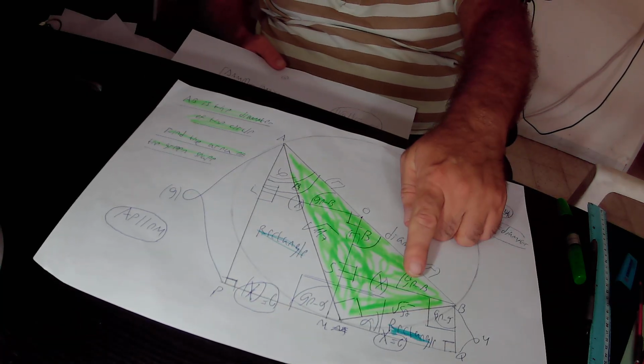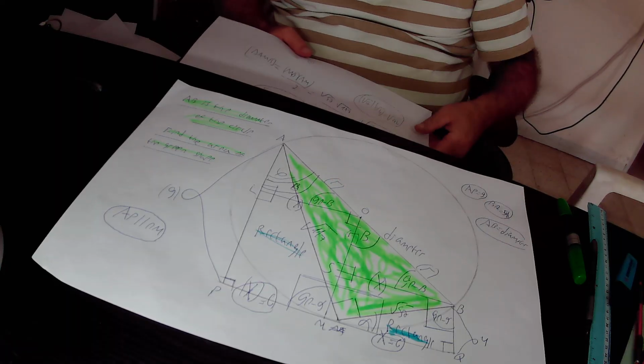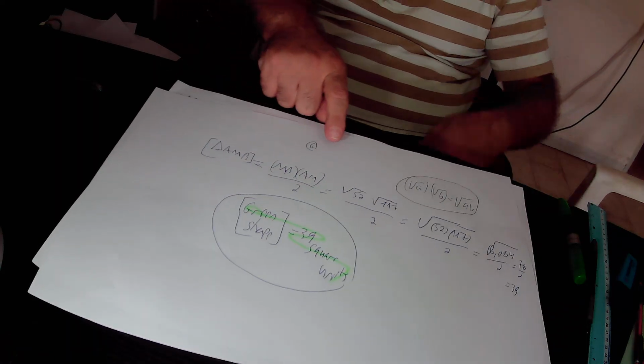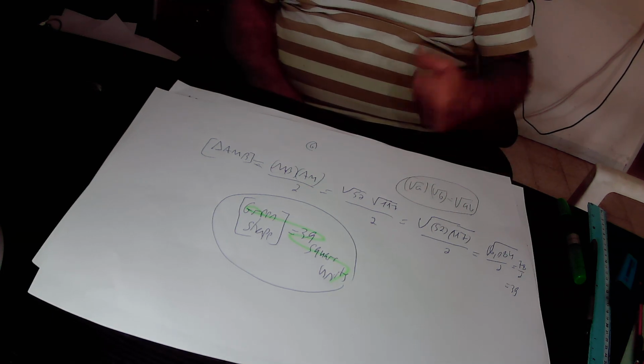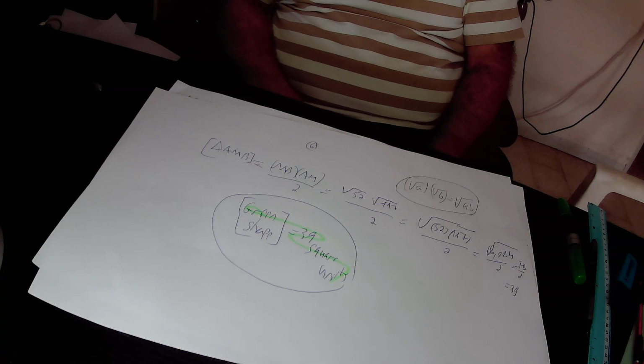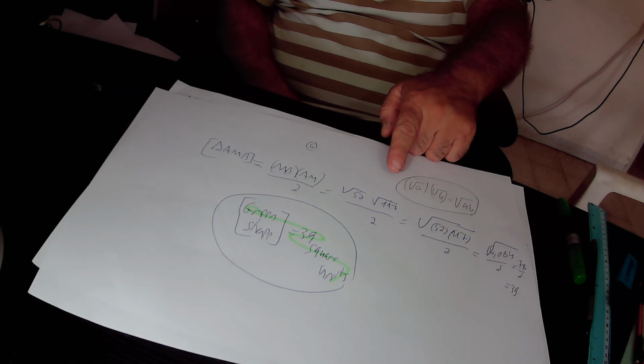MB is the square root of 52, and MA is the square root of 117. So in total, the area of the triangle equals the square root of 52 times the square root of 117 over 2.